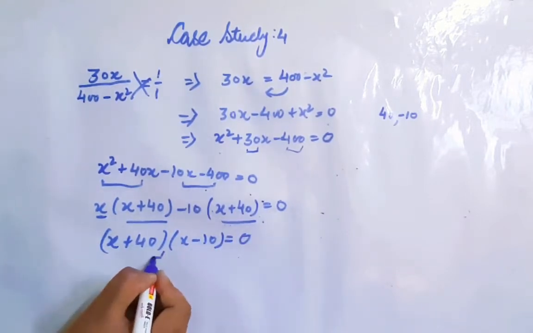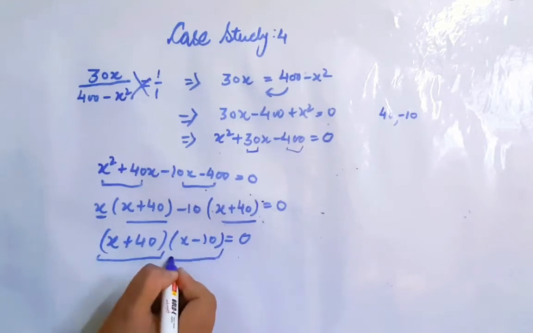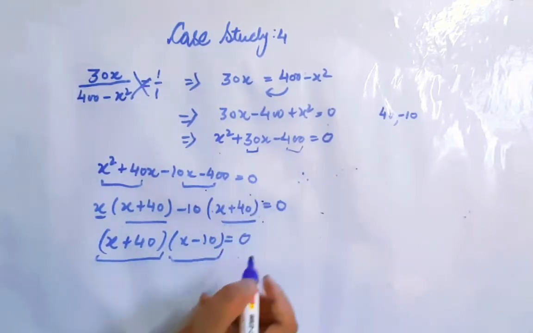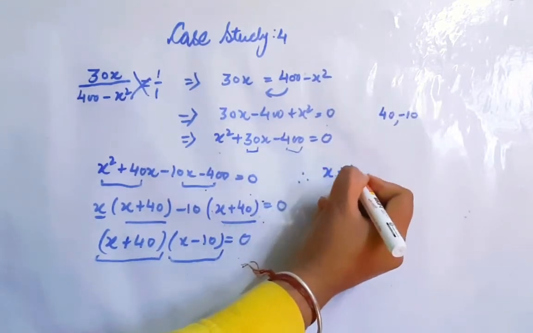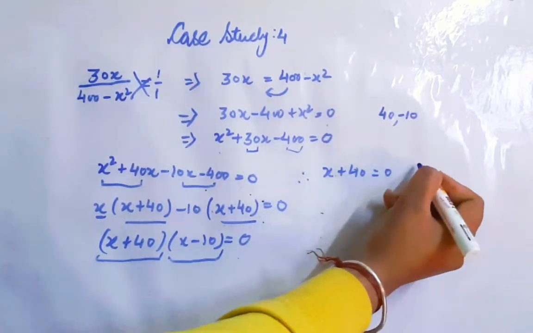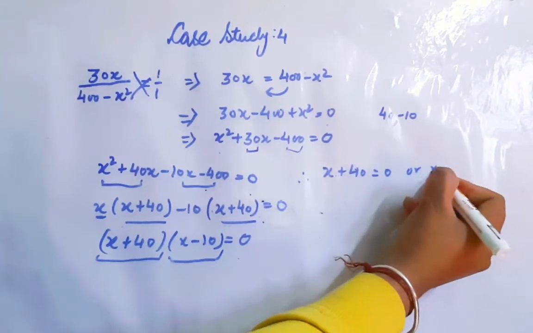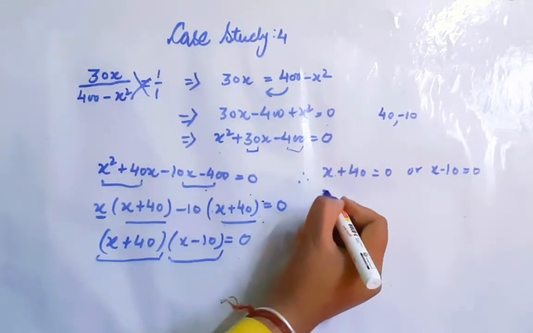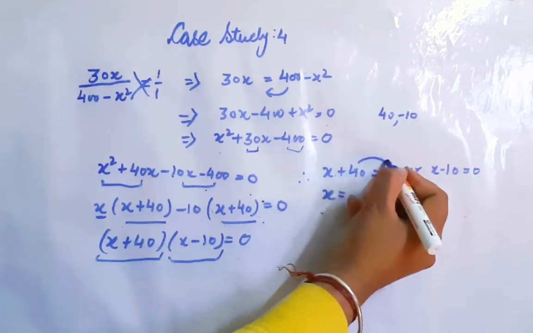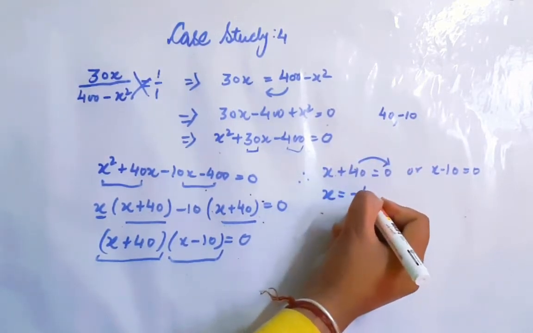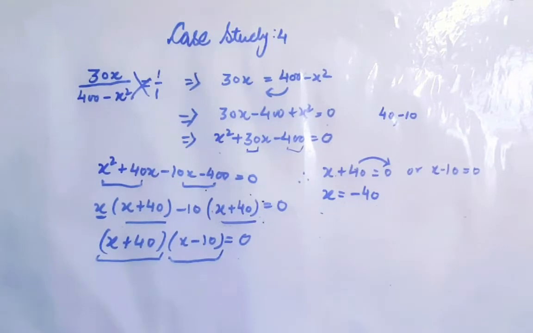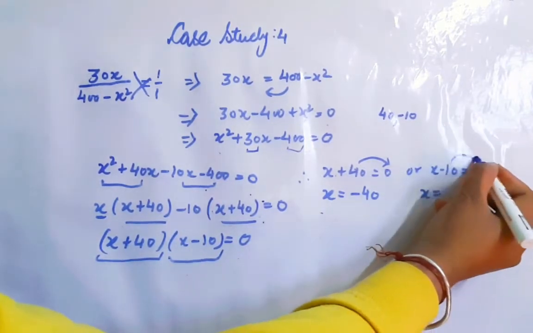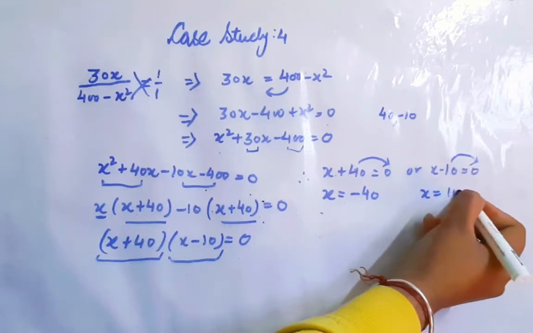So the product of two numbers is equal to 0. Therefore, either x plus 40 equals 0 or x minus 10 equals 0. From here, x will be equal to, taking 40 to the right side, it becomes negative, minus 40, and x equals, taking 10 to the right side, 10.